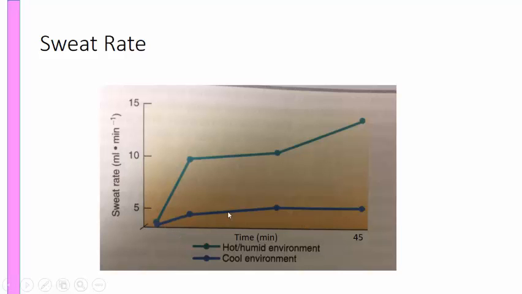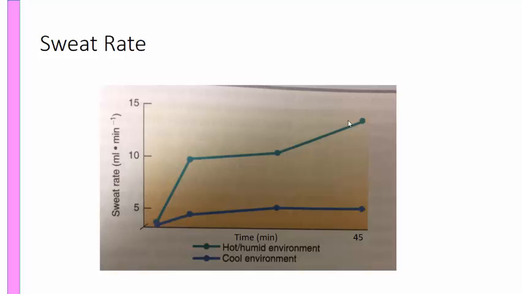The blue line is a cool environment, and we're going to have a little bit of an increase in sweat rate as we are exercising. But if we are exercising in a really hot or really humid environment, then we're really going to increase our sweat rate, because we are having a harder time getting rid of our heat through the other three heat loss processes that depend on a temperature gradient.